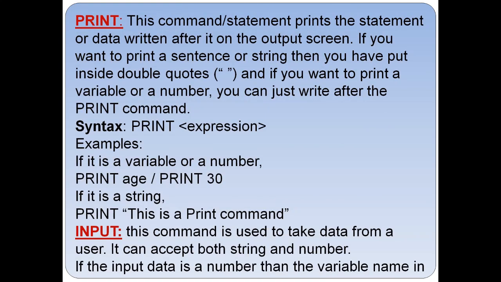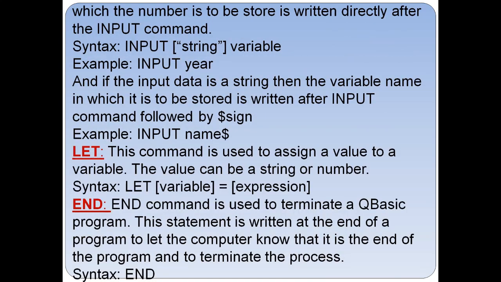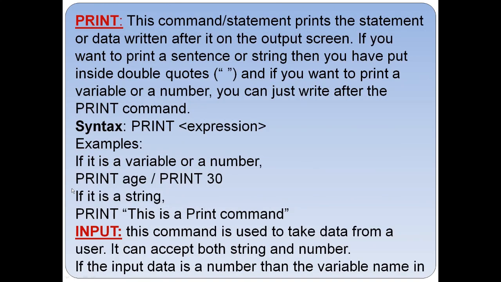Print. This statement prints the statement or data written after it on the output screen. If you want to print a sentence or string, then you have to put it inside double quotes. If you want to print a variable or a number, you can just write it after the print command.